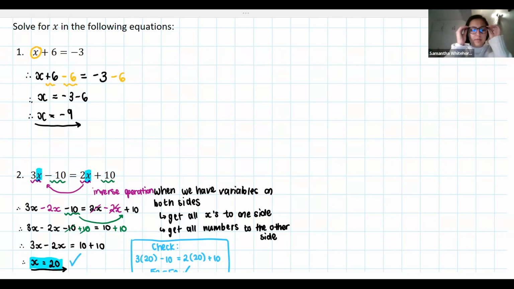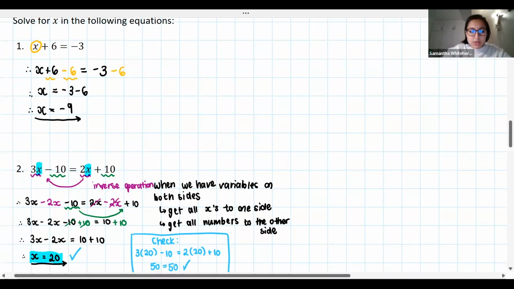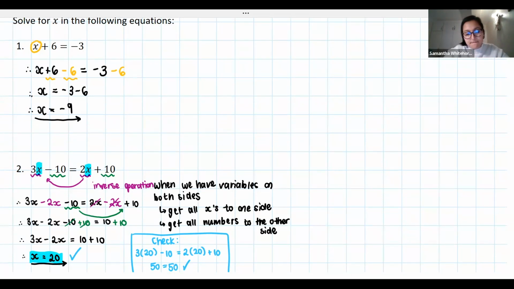Yes, I wanted to ask about the x. If you take like the two x's, do you put them together? I'm not too sure what you mean. What I mean is, if one side has an x, you put it to the other one.